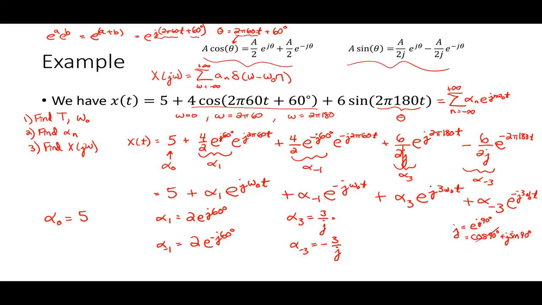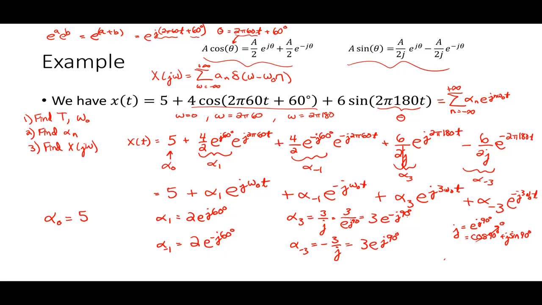Cosine of 90 is 0, sine of 90 is 1. So that gives me 3 over e to the j 90, which is the same as 3 e to the minus j 90 degrees. Which means if I put a minus sign in front of this, it's going to be 3 e to the j 90 degrees.